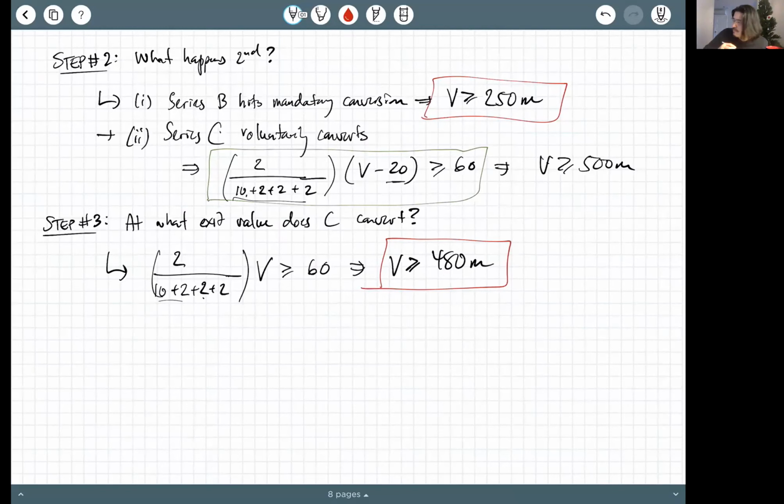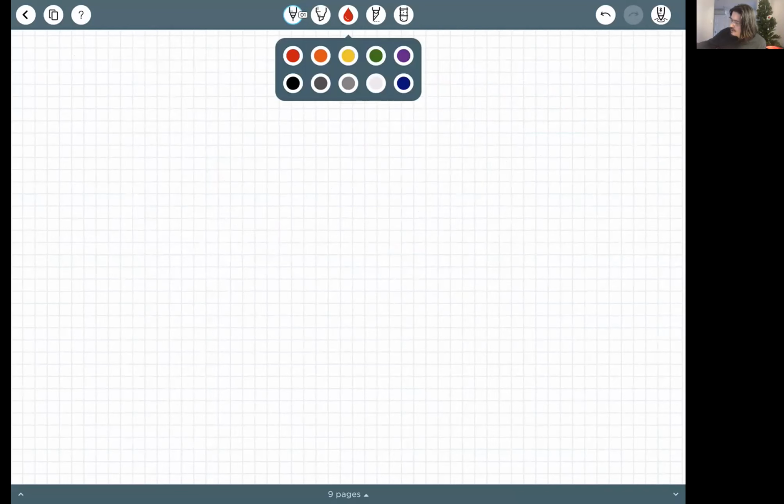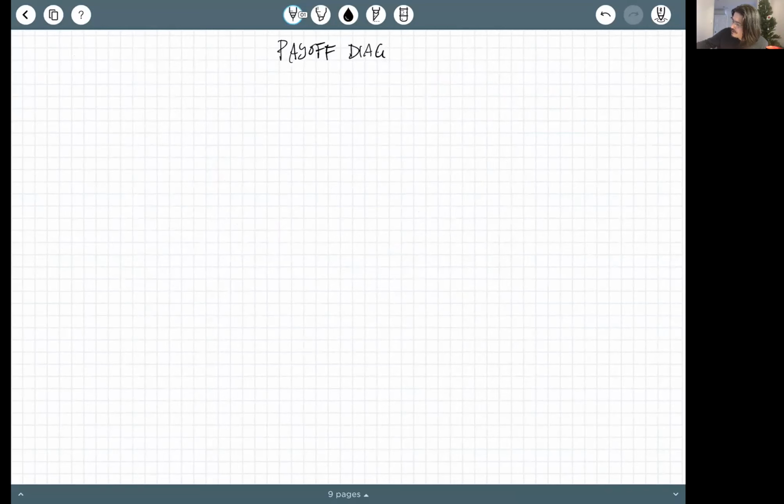So this gives us all our breakpoints for our payoff diagrams. So let's go and figure out our payoff diagrams for each of the 4 stakeholders.